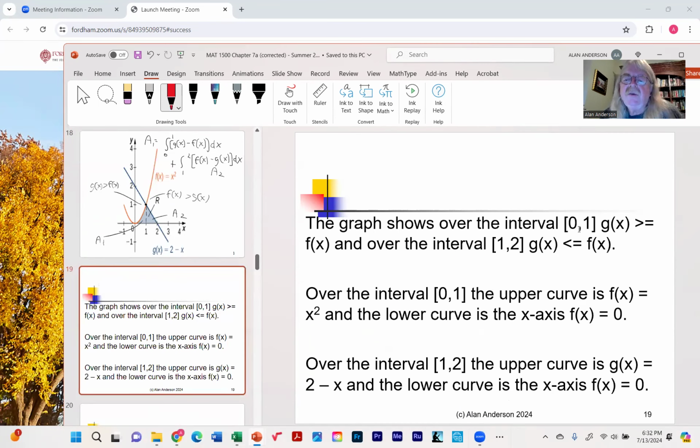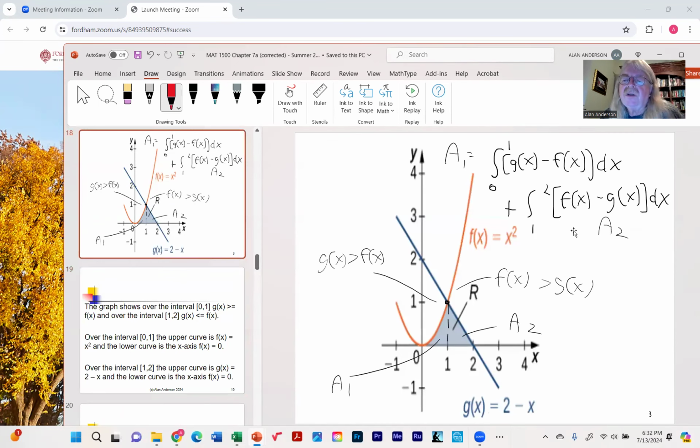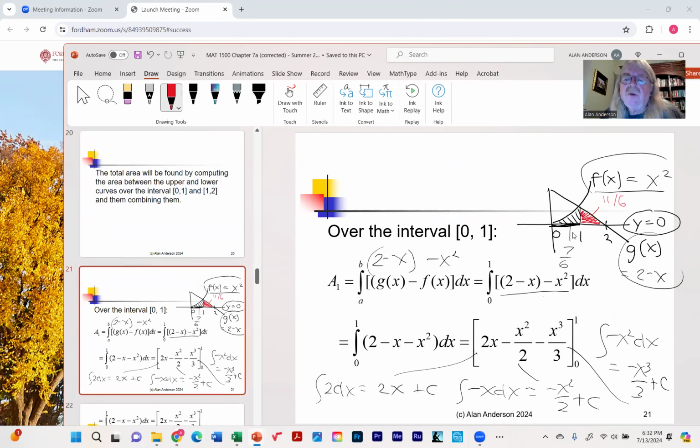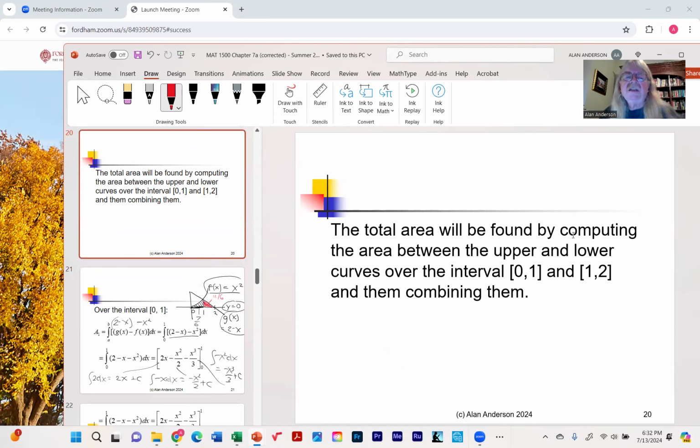And also, yeah, I just realized I don't think we demonstrated where they cross each other. All right, well, how is that done? Let's sneak that into here. F of x is x squared. G of x is 2 minus x.